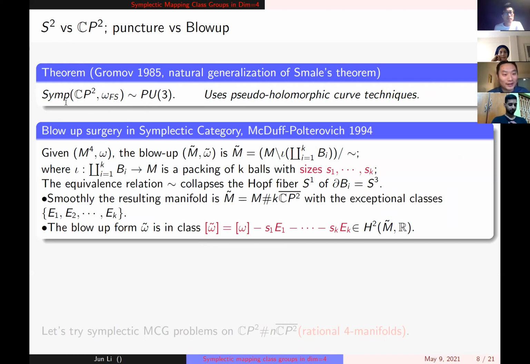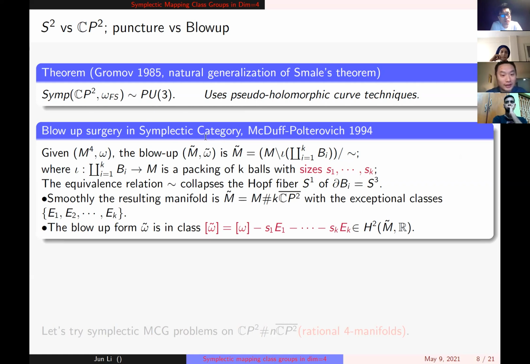Gromov proved a result quite parallel to Smale's theorem: for CP2 with the Fubini-Study form, the symplectomorphism group has the weak homotopy type of PU3, the Kähler isometry group, which is parallel to SO3, the Riemannian isometry group. His proof uses pseudo-holomorphic curve techniques. That's the fundamental paper in 1985.